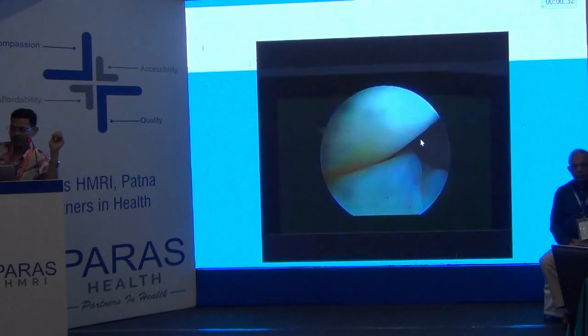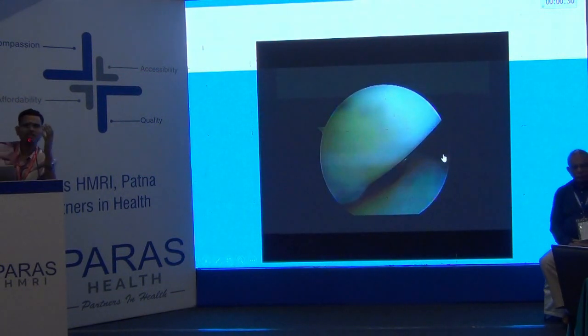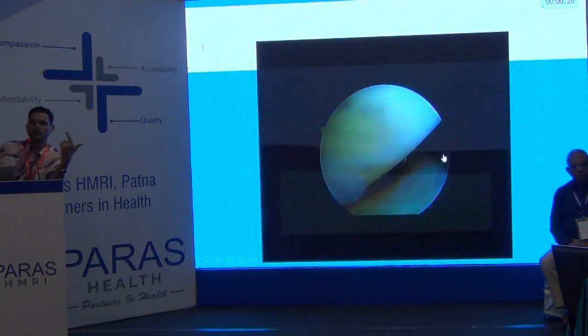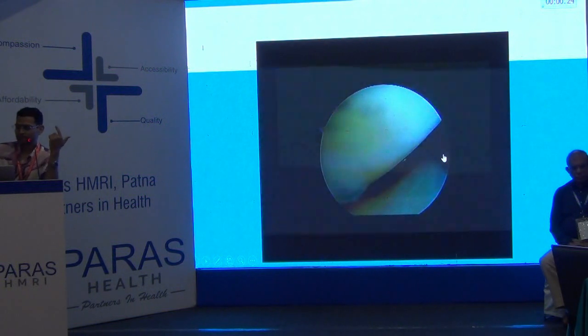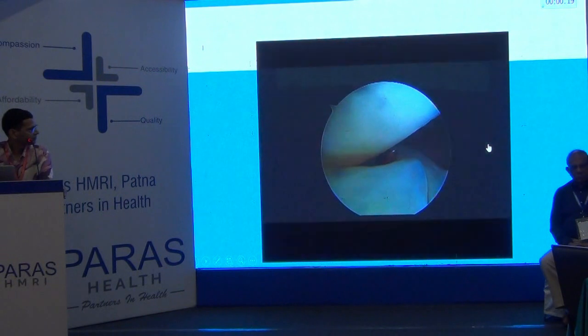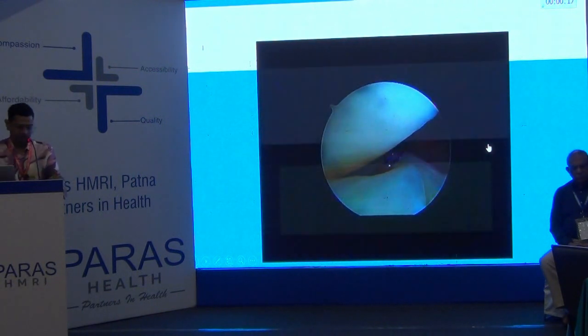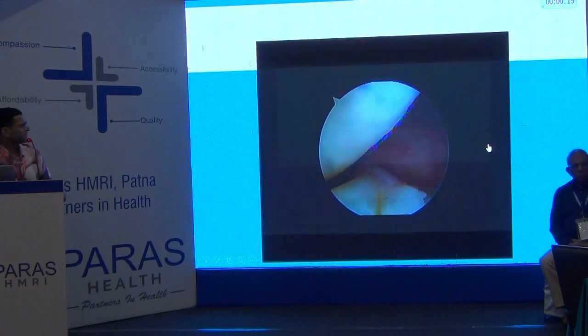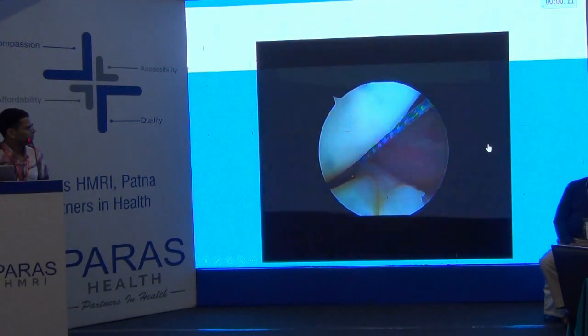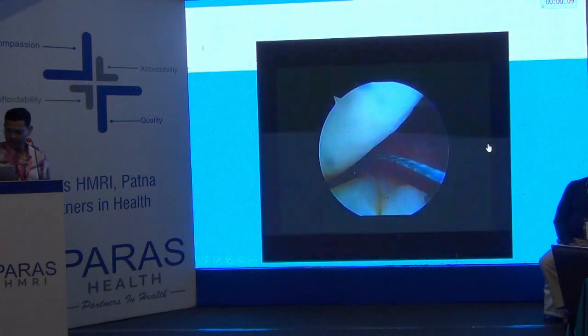The lasso has come, the bite is taken in the meniscocapsular part, then in the meniscotibial part, and then we go through the meniscal part. The shuttle device is passed, and then the 2-0 FiberWire is passed over that shuttle device.